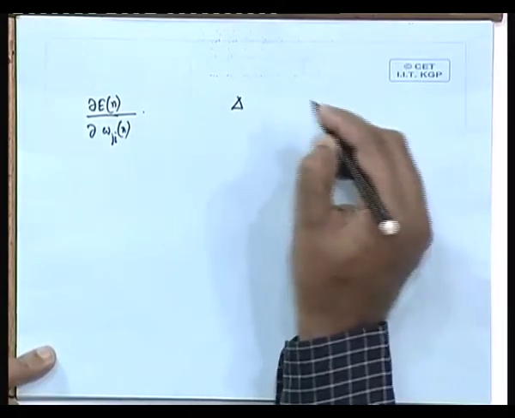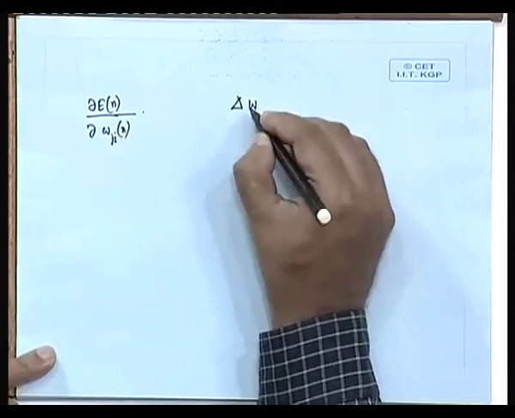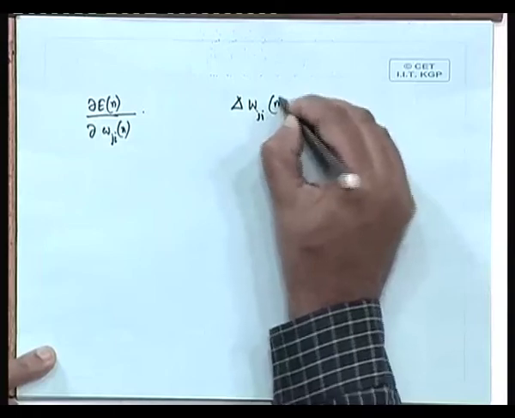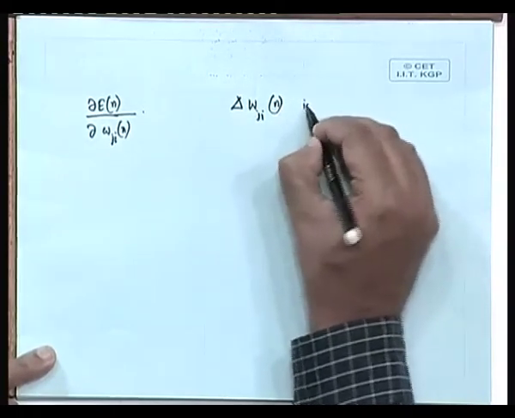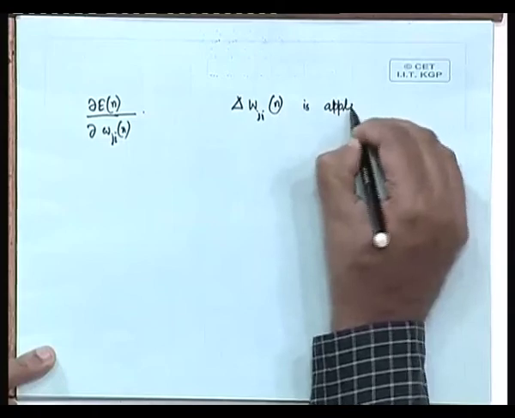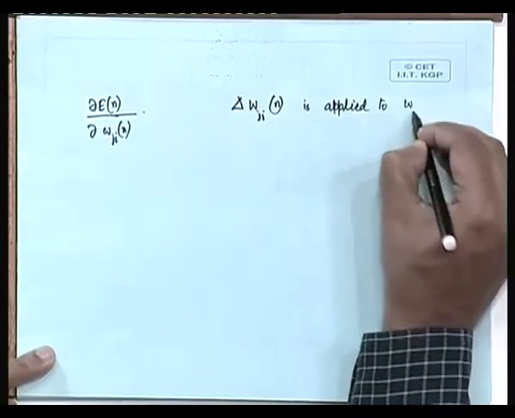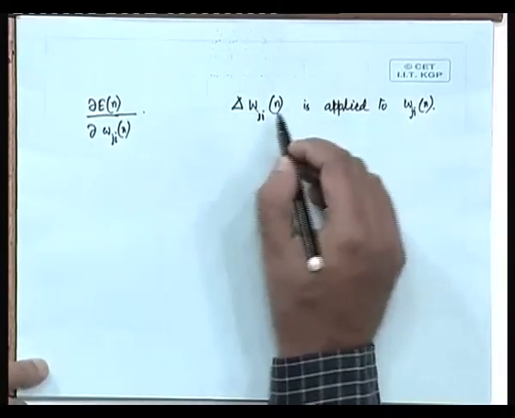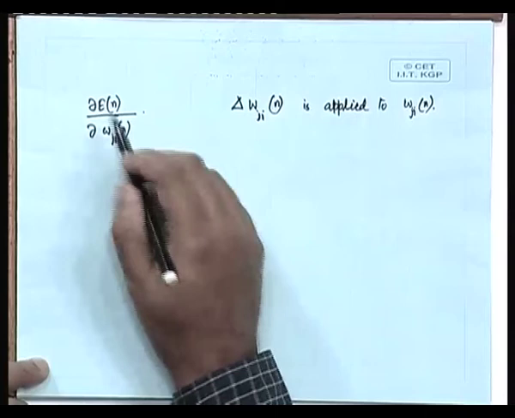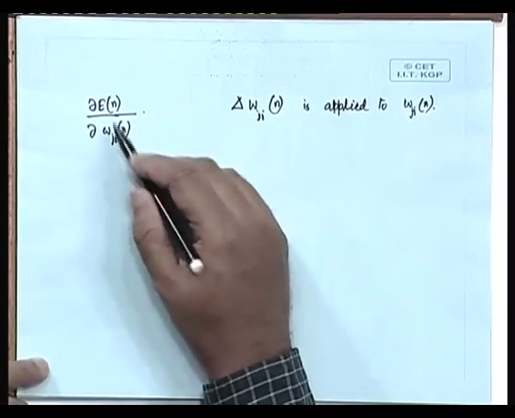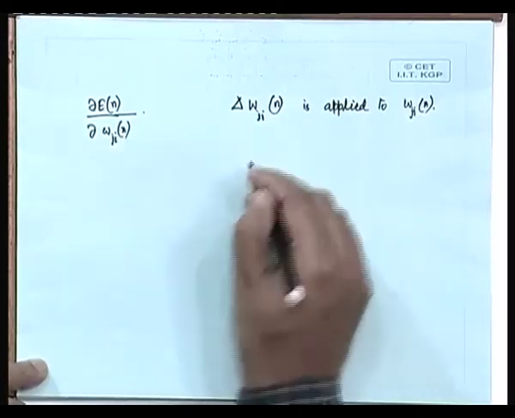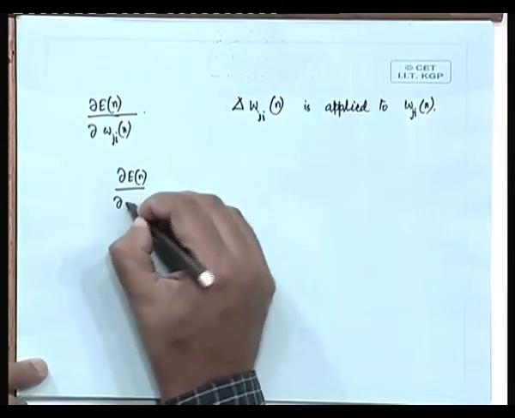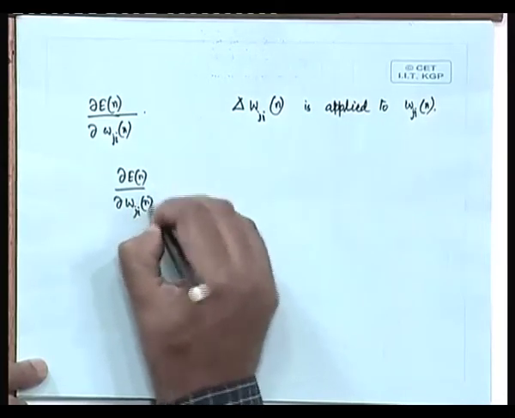Because the change of weight, that is delta w_ji(n) that we are applying to the synaptic weight, is applied to the current weight w_ji(n), and this delta w_ji that we are going to get is proportional to this partial derivative of E(n) with respect to w_ji(n).